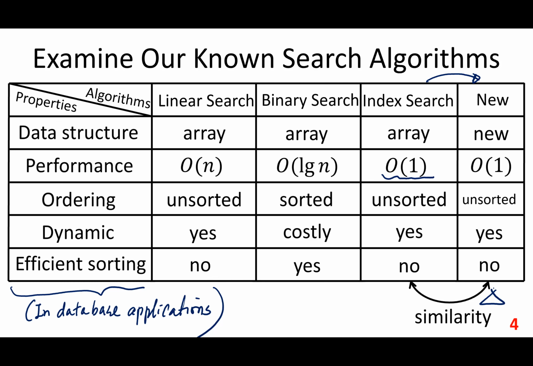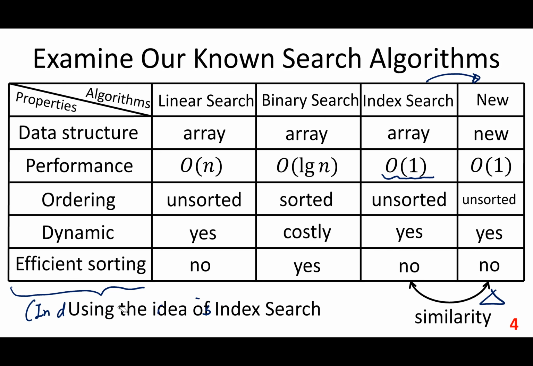So we need to explore the index search a little bit, and then we will improve. We will fix that big drawback, and a new search algorithm together with a new data structure will be there.